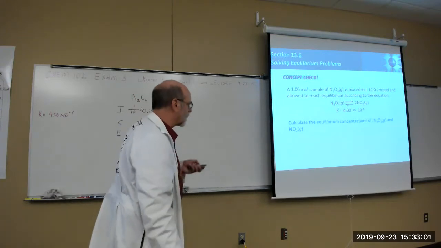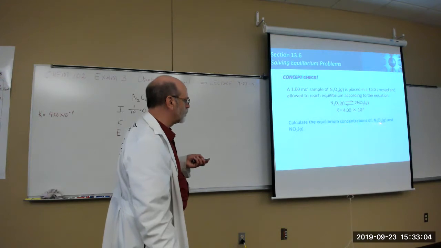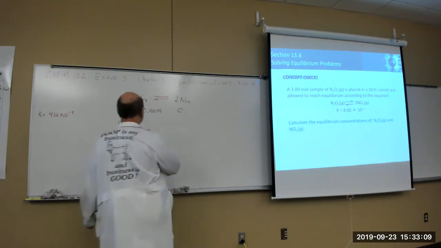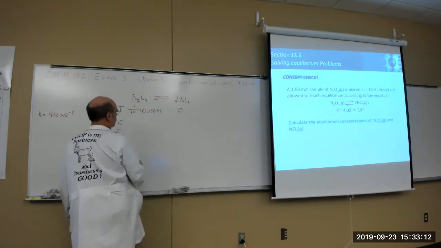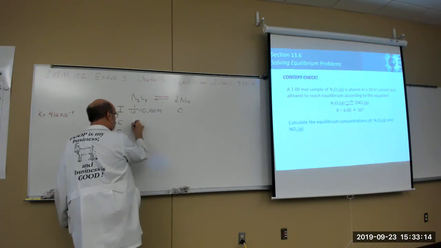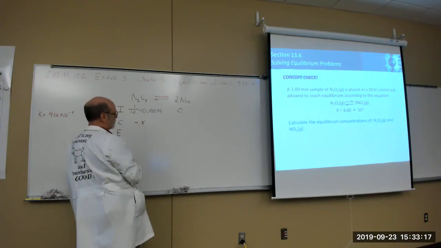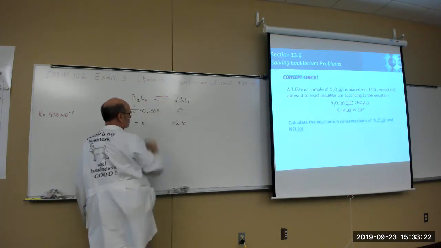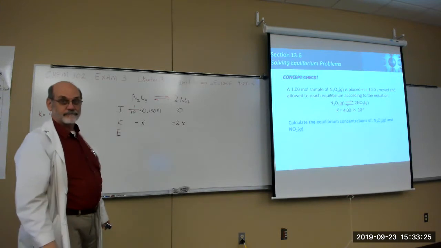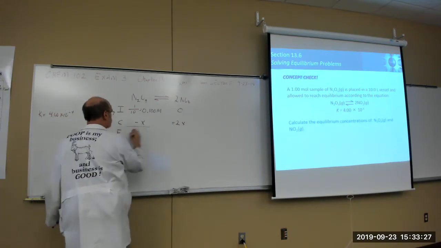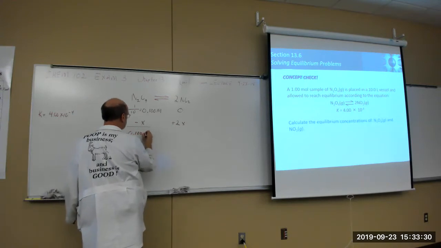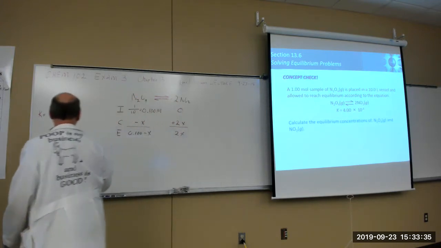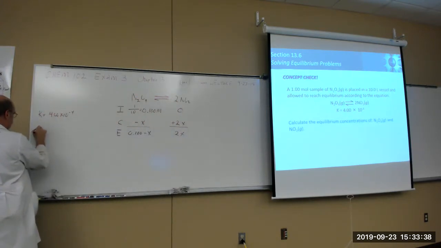Calculate the equilibrium concentration of N2O4 and NO2. It doesn't matter, we're going to do both of them. Let's make this one X. If it's going that way, we lose that much and produce this much because it's 1 to 2. So this is 0.1 minus X, and this is 2X.